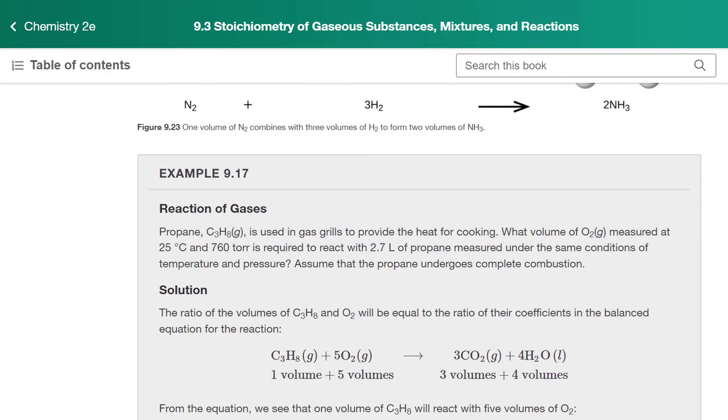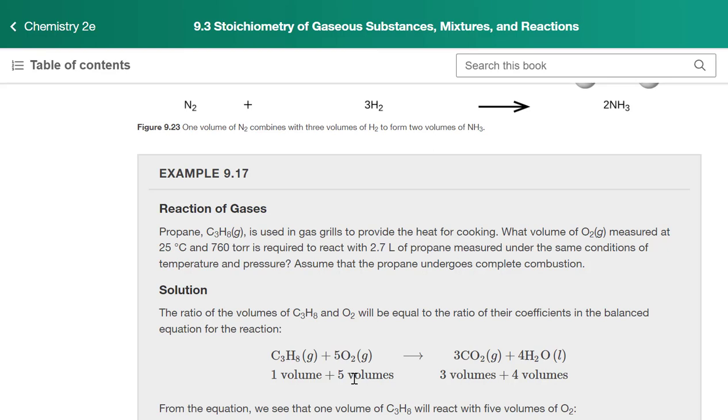Here is an example. I think this is a great example to look at in terms of reactions of gases. I'm going to walk through this a little bit with you, and then there'll be further examples that you can look at in Canvas. So this is a gas phase reaction, and what we're doing here is we have 1 volume of this gas and 5 volumes of this gas based on the number of moles.